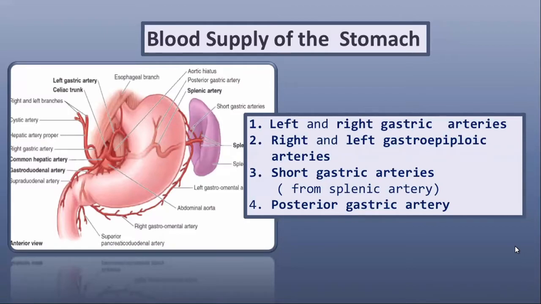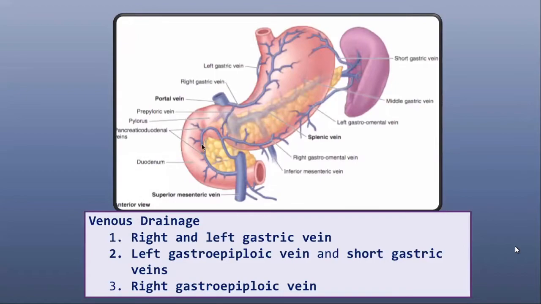Venous drainage would be going to your superior mesenteric vein and your splenic vein. So the right and left gastric veins would be going to your portal vein. Your left gastroepiploic and short gastric would be going to your splenic vein. And then you have your right gastroepiploic vein. Okay.